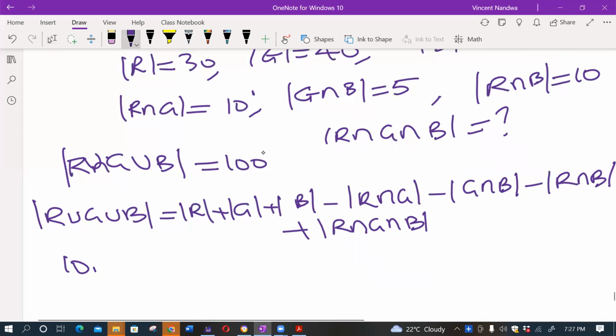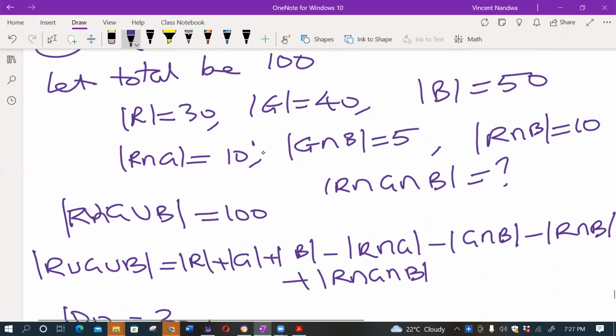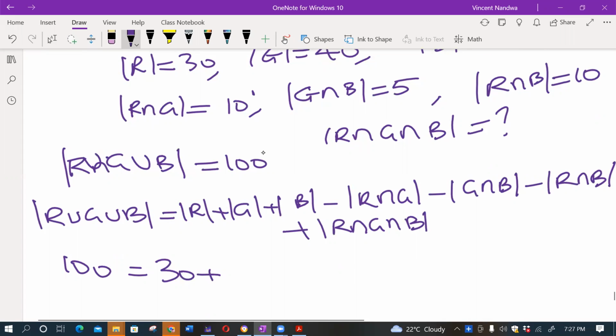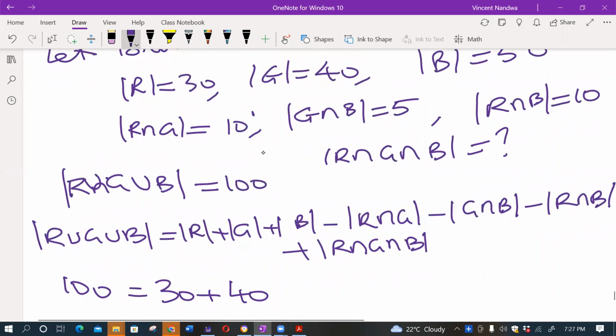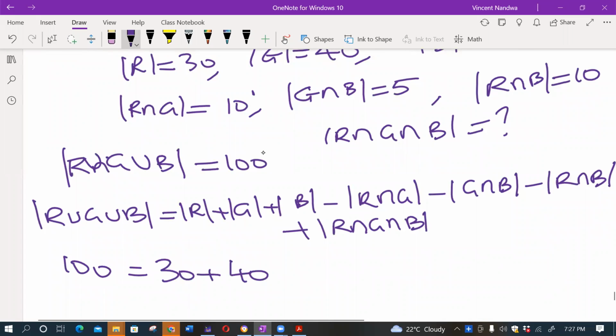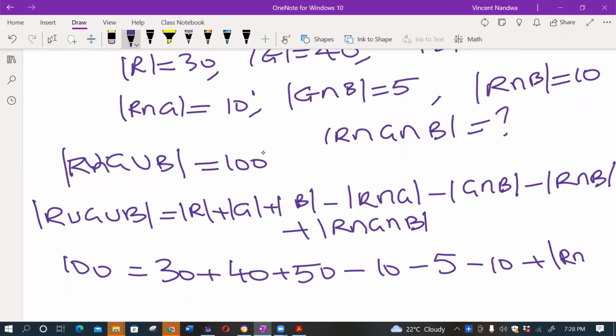So we'll have 100 equals 30 plus cardinality of G, which is 40, plus cardinality of B, which is 50, minus cardinality of R intersect G, which is 10, GB is 5, RB is 10, then plus cardinality of the intersection of the three.